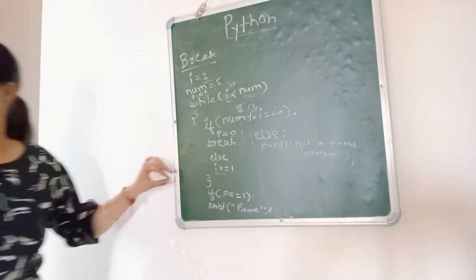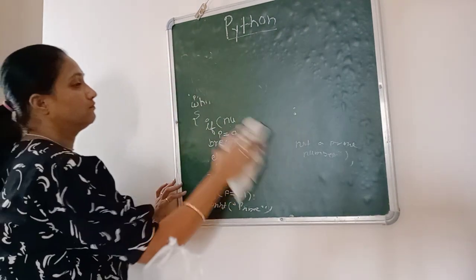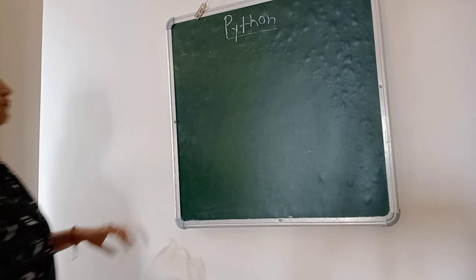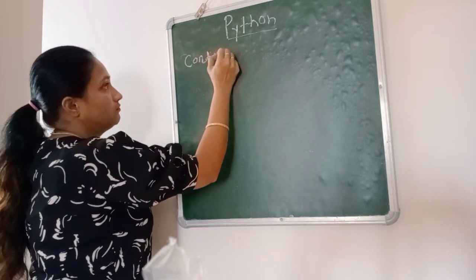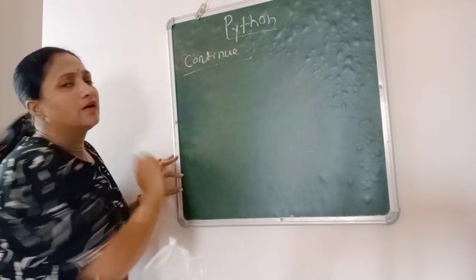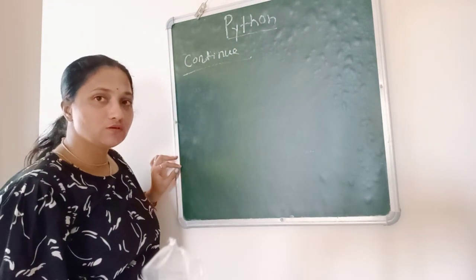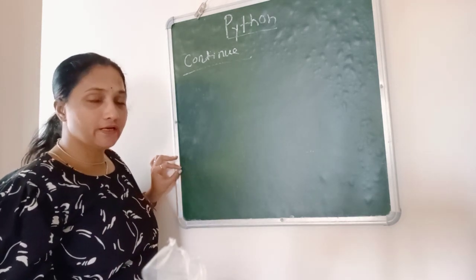Now we'll see the continue statement. The continue statement is also used in loops, and it is used in the situation where you want to jump in between the loop iterations.